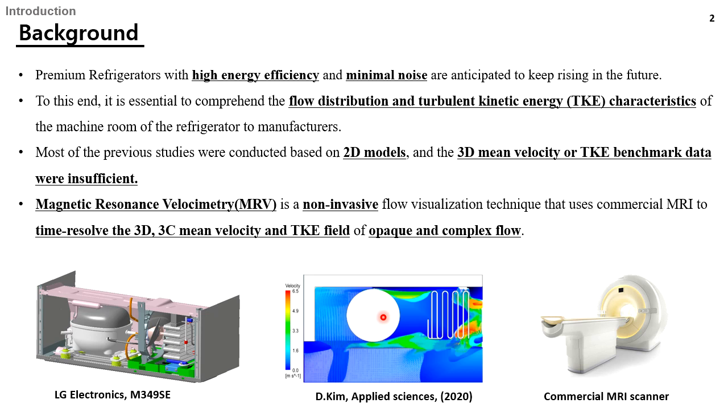As you can see in this image, while there are some 2D model-based experiments or safety studies available, we lack sufficient experimental benchmark data based on 3D velocity and decay. As you know, optical-based techniques such as PIV cannot visualize flow within opaque and complex environments such as the machine room's interior. This is where MRV comes into play.